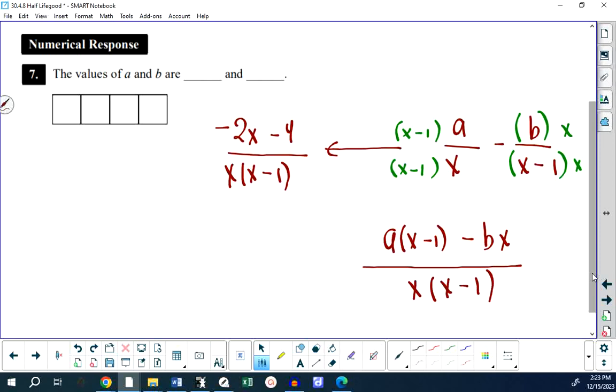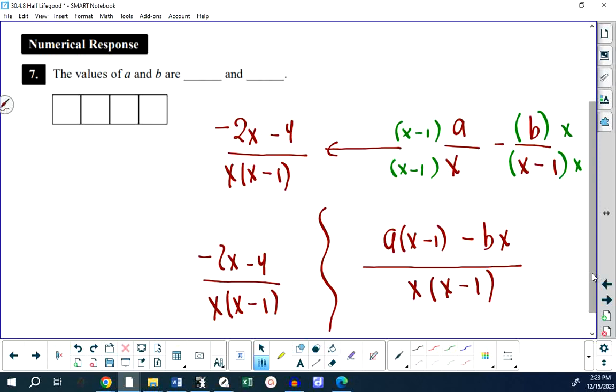Now, I don't want to write equals here. I just want to put beside it -2x minus 4 over x times x minus 1. Okay? We're told in one way or another these two expressions are the same. But my denominators are the same now.